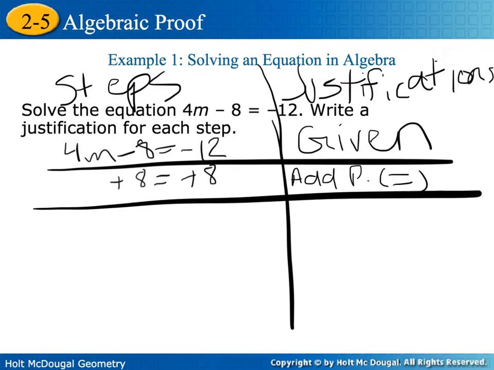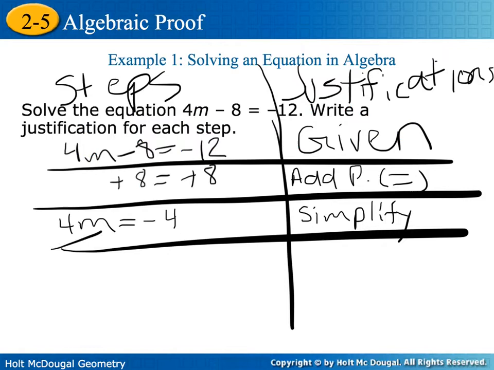Okay, so then I simplify. 4m equals negative 4. That step is called simplify. Now I'm going to divide by 4 and 4 because I want to get rid of this m. I want to get it alone.